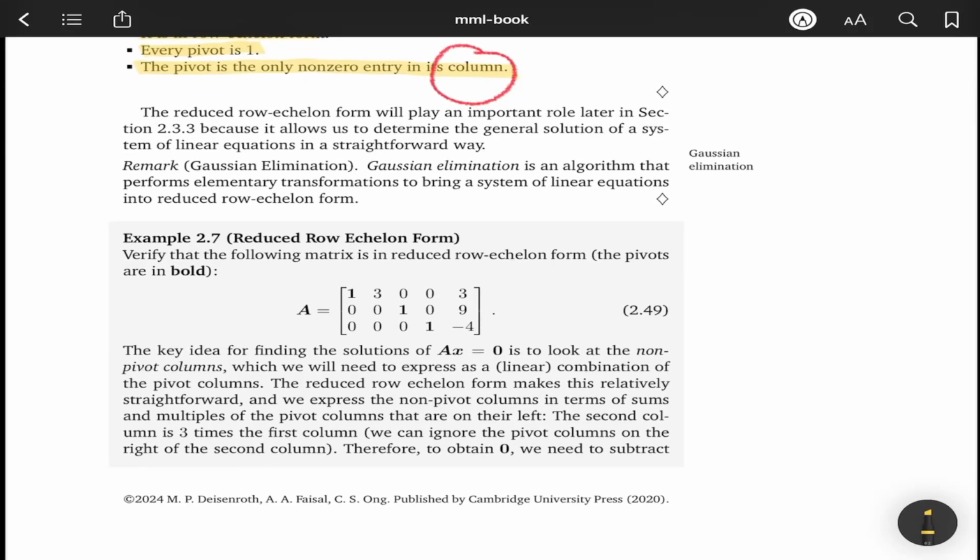Gaussian elimination is an algorithm that performs elementary transformations to bring a system of equations into reduced echelon form. So what Gaussian elimination is doing is it takes the systems of linear equations and brings it into this reduced echelon form, which is important for us so we can get the general solution in a straightforward way.